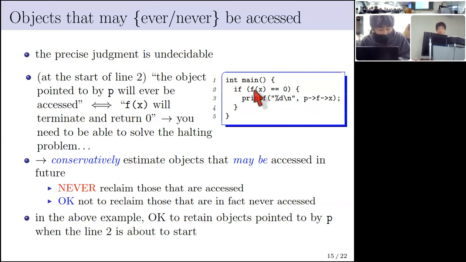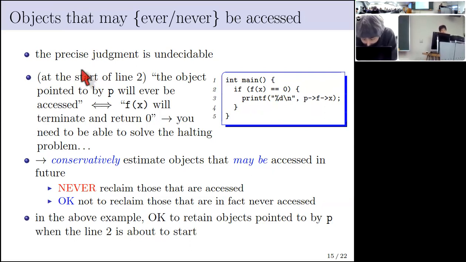So judging if f of x ever returns 0 contains as a subproblem deciding if f of x is going to terminate, which is undecidable. So the point is somewhat trivial and only of theoretical interest. But I'm just making a point that we cannot precisely judge if a particular memory block is going to be used or not 100% accurately.